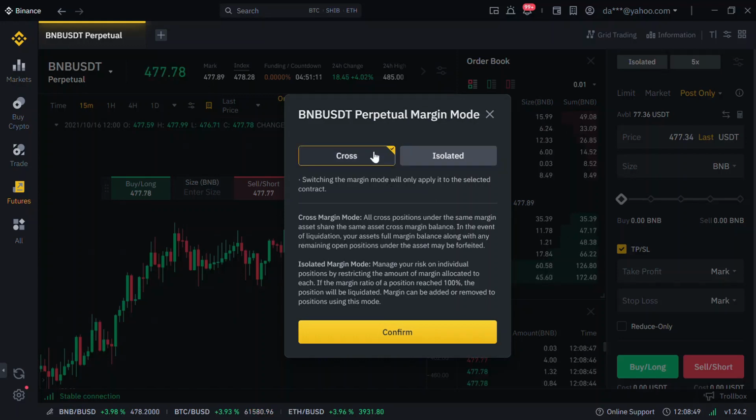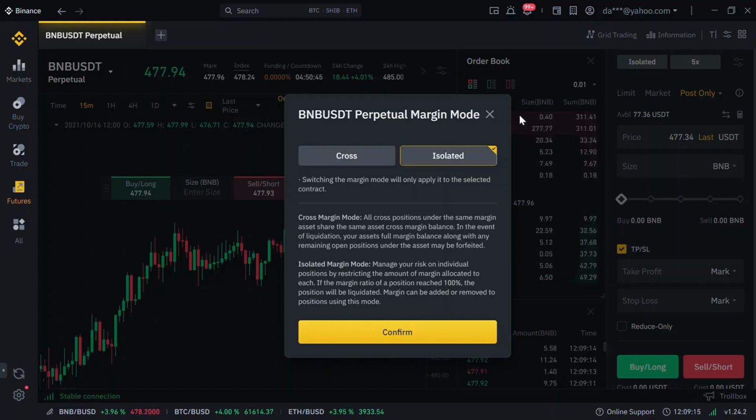But when it comes to cross margin mode, you'll be using the entire assets you have in your futures wallet as collateral for the trade. So the thing is that cross trading extends your liquidation price, while isolated trading brings it much closer.